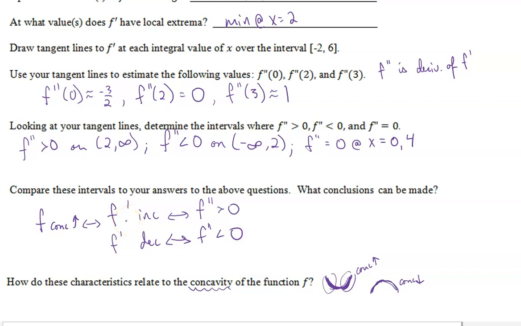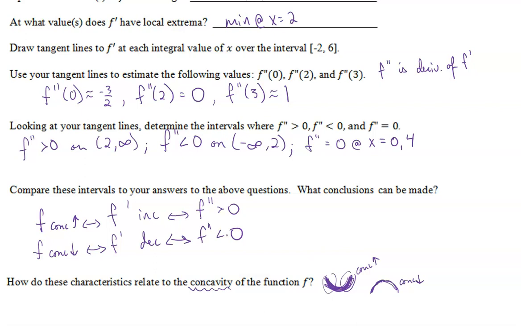So it is getting more steep in an upward direction or less steep in a downward direction. So that would fit one of these, okay? And then vice versa for concave down. So f is concave down if and only if f prime is decreasing, if and only if f double prime is negative, okay?